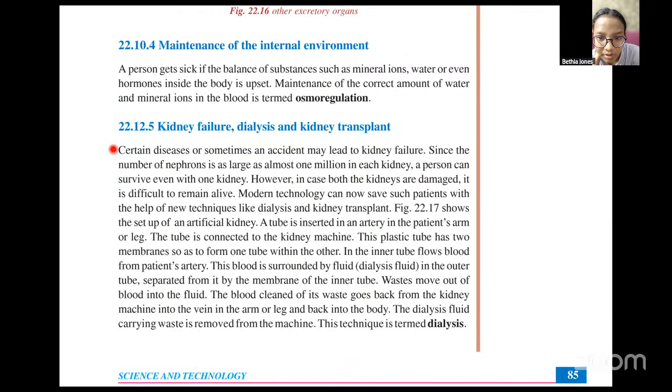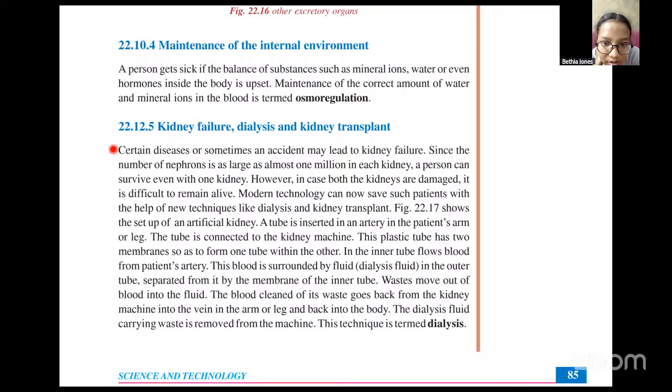Figure 22.17 shows the setup of an artificial kidney. A tube is inserted in the arteries in the patient's arm or leg. The tube is connected to the kidney machine. This plastic tube has two membranes so as to form one tube within the other. In the inner tube flows blood from the patient's arteries.